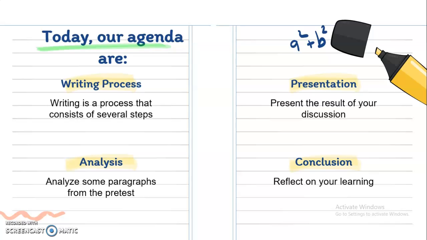You will send the result of the discussion in our forum, and you can do it with your friends, so you don't have to do it alone. You can talk about it with your friends. And conclusion, I want you to reflect on your learning about the parts of a good paragraph. Do you understand everything? If not, which one have you not understood? Okay.